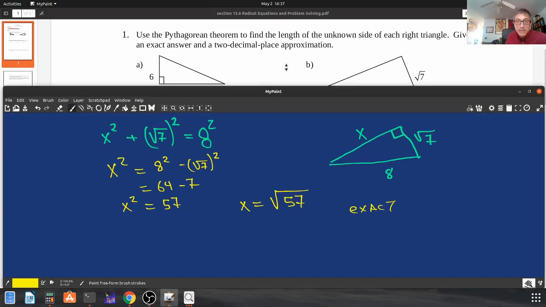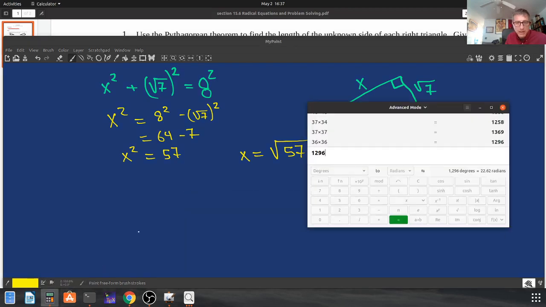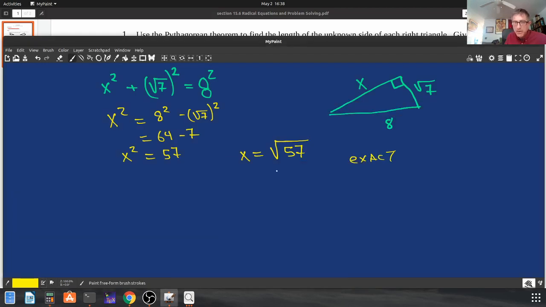Unfortunately, it doesn't really tell us much information because I can't place the square root of 57 exactly on the number line. So to really find it out, you bring up a calculator, and you would find your square root key, hit 57, hit equals, and if we want to round off to the 100th place, it's 7.55. So it's approximately equal to 7.55.